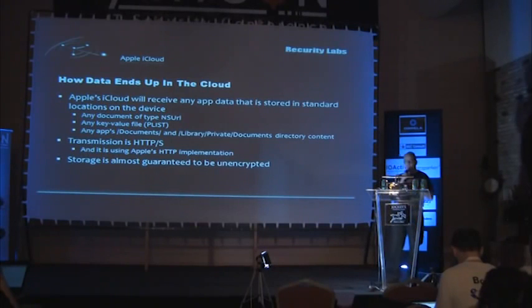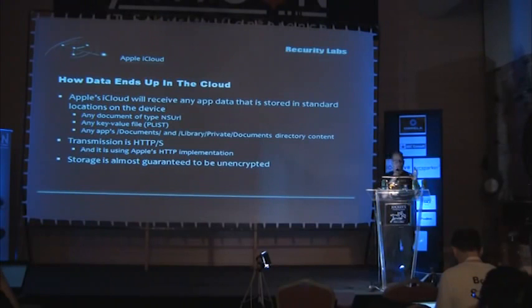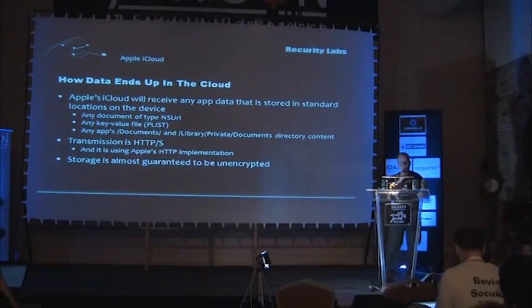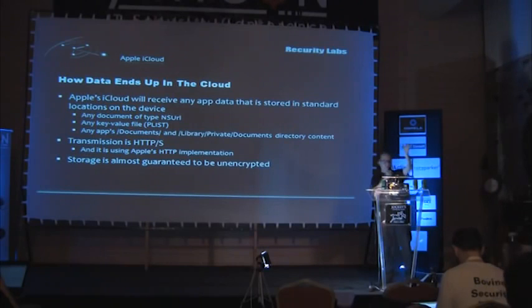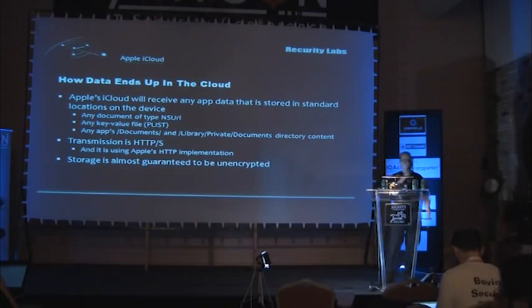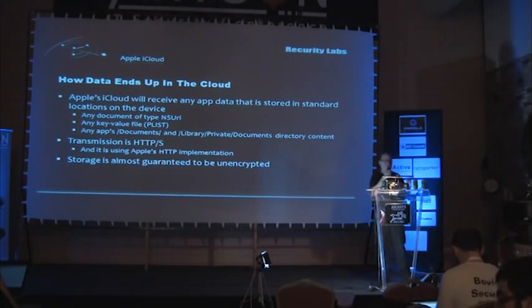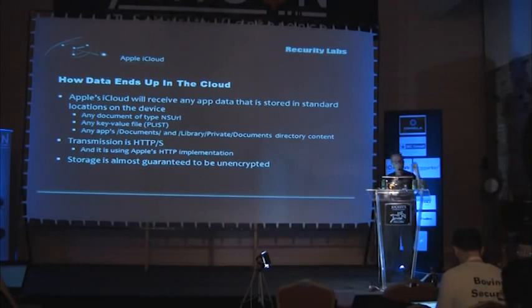So what it does is it takes any document that has a certain data type and its URL, any key value file, or any document in an app subdirectory named Documents or Library private document, anything in there automatically goes into the cloud. The only way to prevent that is, as the app author, you can flag documents as not to be exported into iCloud, which means you as a user have absolutely zero control over it.